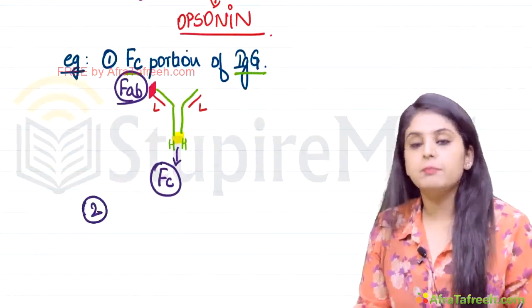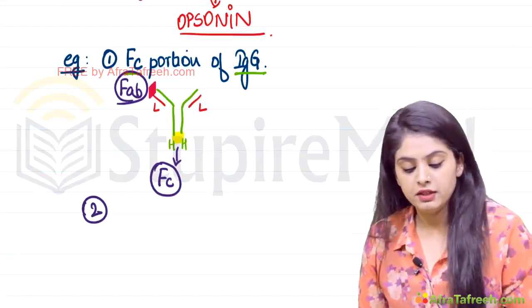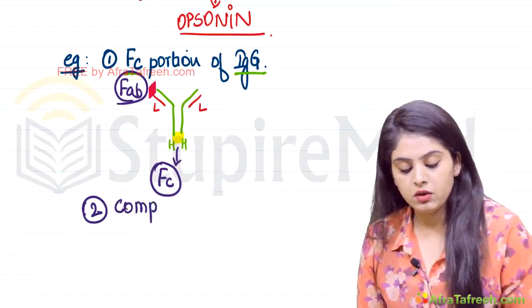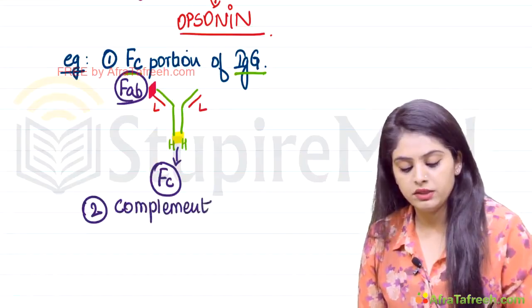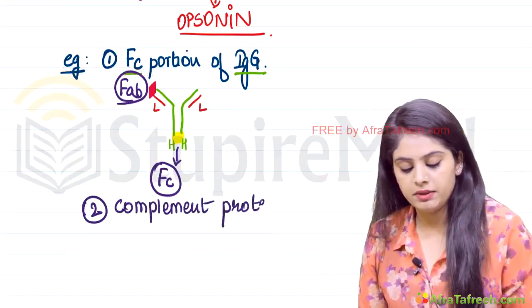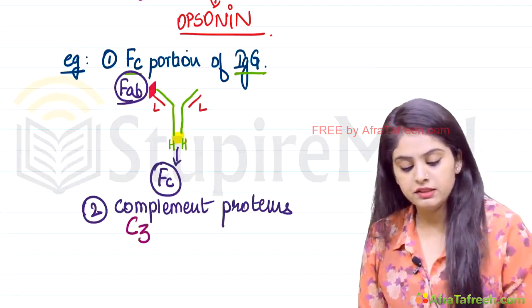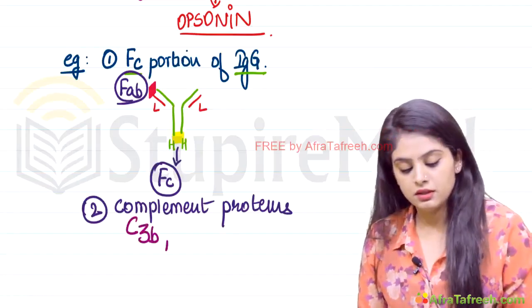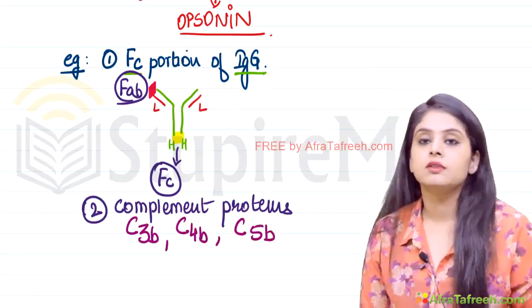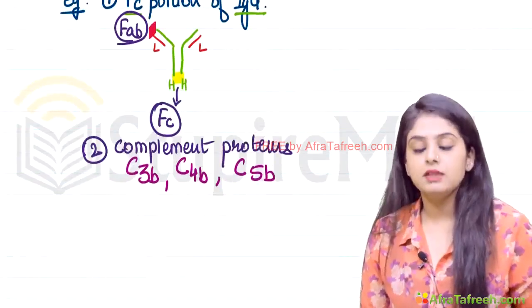The second example of opsonin that we have is going to be complement proteins. These include C3b, C4b, C5b. And remember, in the same order.